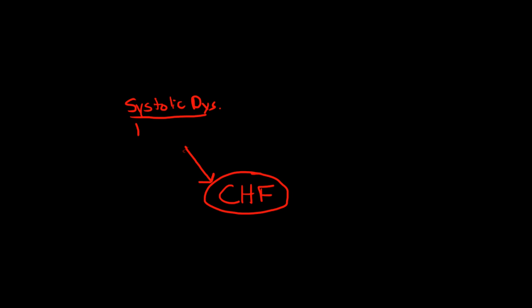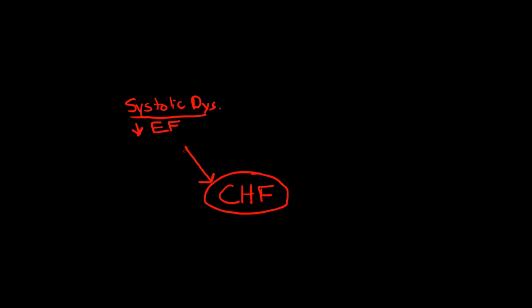Now I wanted to talk about two different causes of CHF. So one cause, and this is sort of the one that we classically think about, is systolic dysfunction. And it is now known as left ventricular failure with reduced ejection fraction.